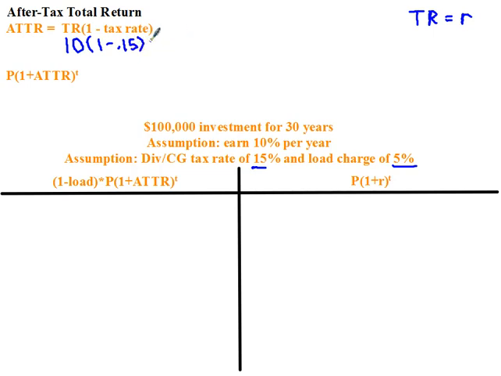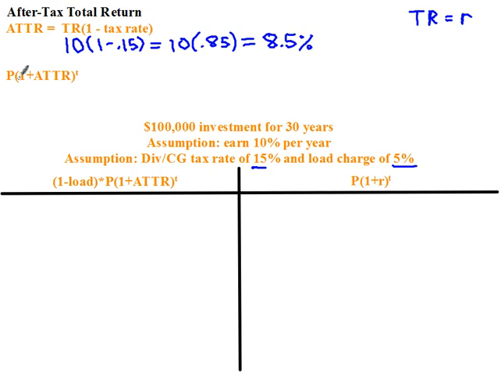That means we're going to get to keep 85% of the 10% that we earn, or 0.85. That's 1 minus our tax rate. The government's going to take 15%. We're going to keep 85% of our 10% return, so our after-tax total return is going to be only 8.5%.